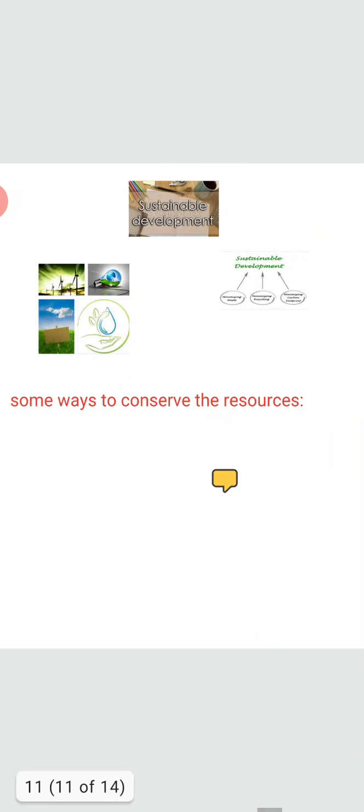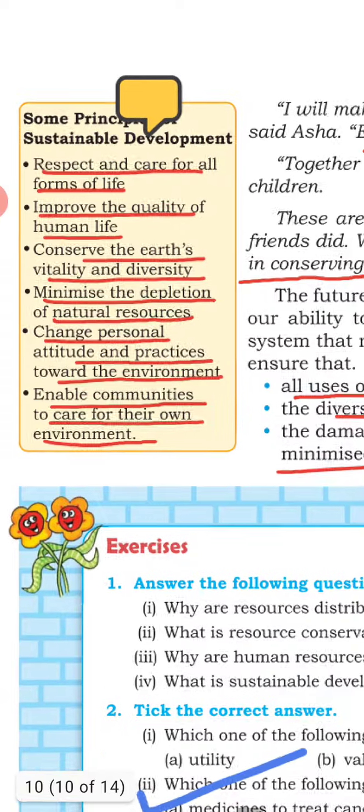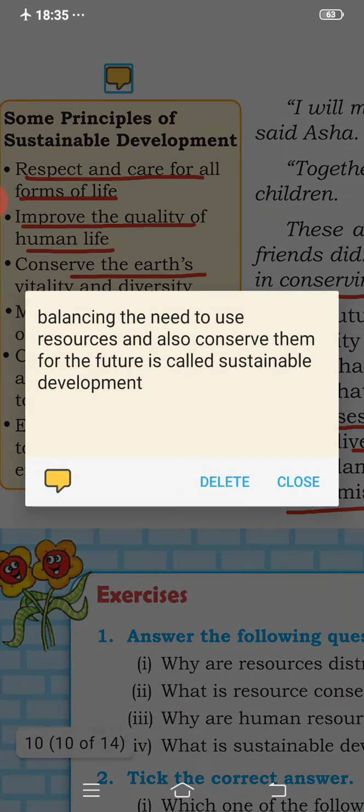Now we will discuss principles of sustainable development. First, what is sustainable development? When we create a balance between the use of resources and the need of resources, and we conserve these resources for the future generation, that is known as sustainable development.